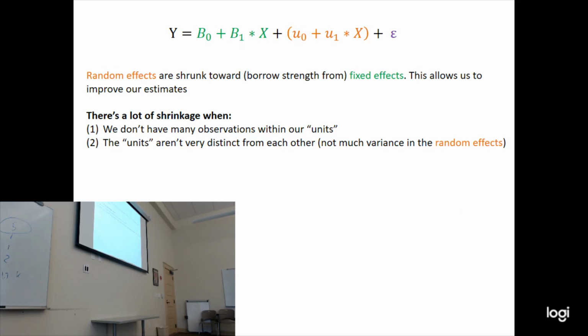It's probably the case that all the reviewers are about the same. Whereas if the reviewers are really different from each other, we probably want to look more towards the scores that belong to a given reviewer and less towards the common estimate, because we can get a lot more information from looking at this reviewer's scores than we can from looking at everybody's scores. Does that make sense?